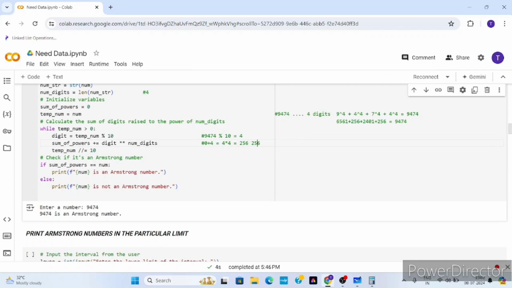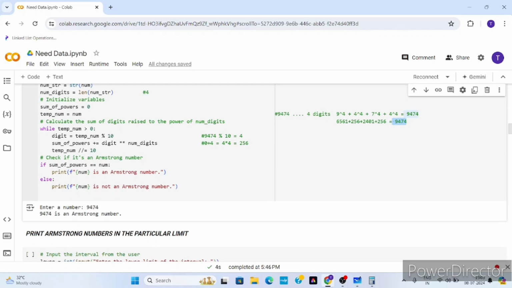Let's take 4, and the power of the number of digits. What will be our number of digits? Here this length is equal to 4, right? Number of digits is 4. So what will be the value? Like 4 power 4, 64. Sorry, 256, right?